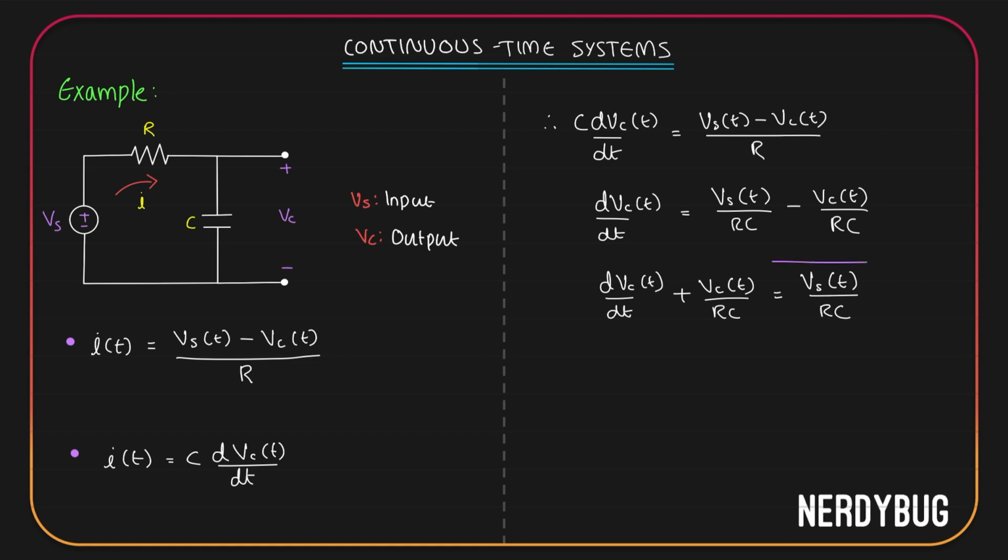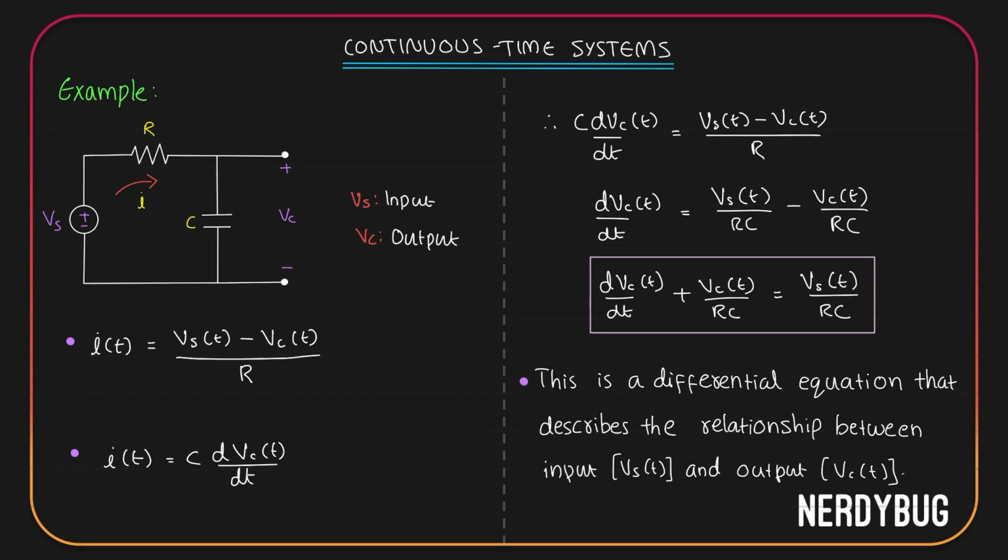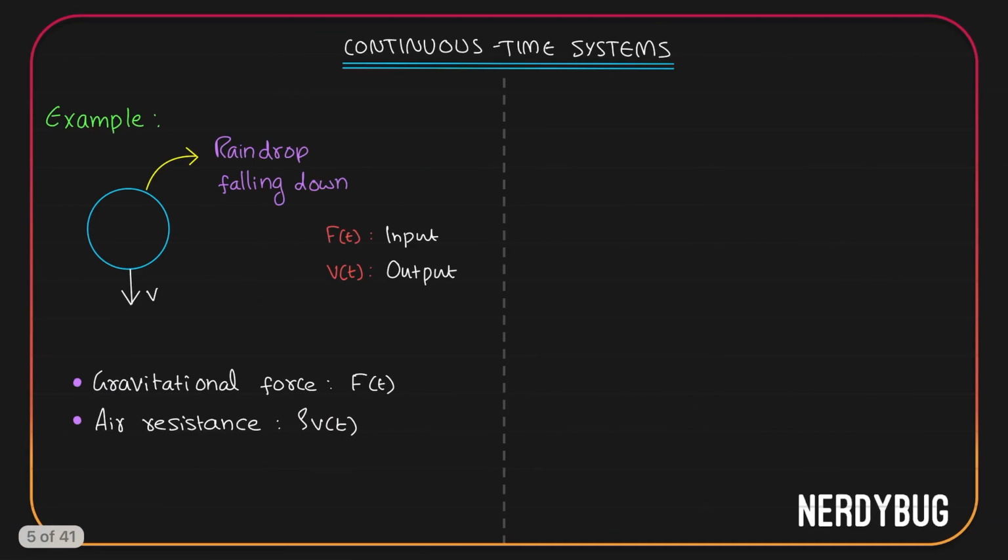Let's put this in the box. We know Vc of t is our output, and Vs of t is our input. So we can conclude that this is a differential equation that describes the relationship between input Vs of t and output Vc of t.